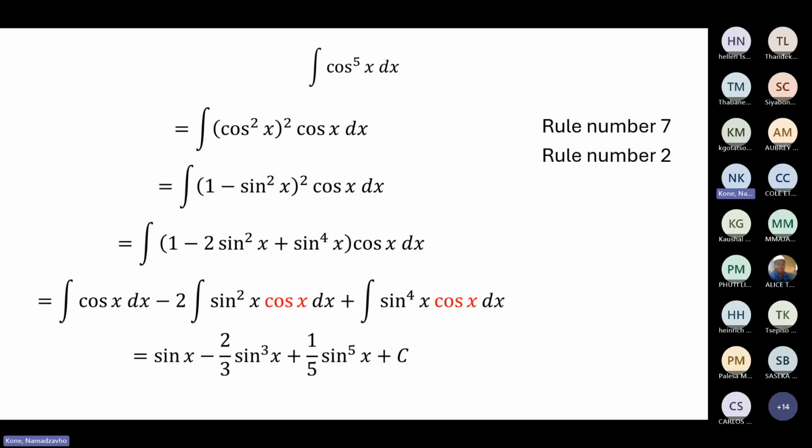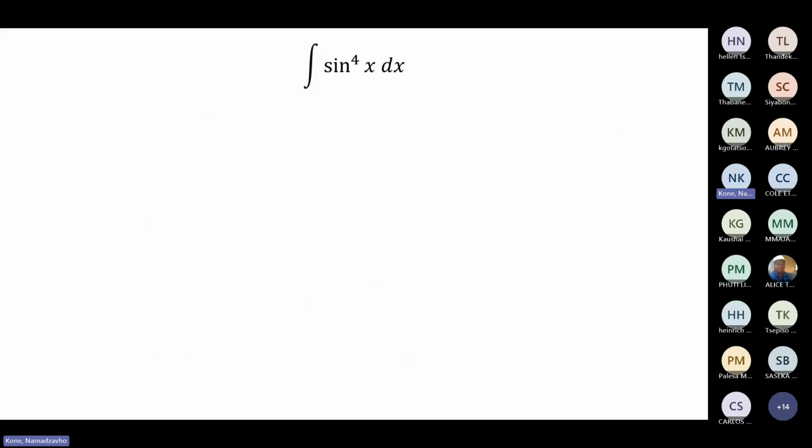So now, what happens if that power was even? Because now we've got cos to the power of 5x, and we were able to separate the cos x, and then the other one now was even. What about if we were given that as an even number?